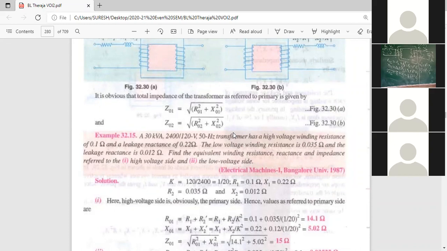Now take down the problem. Example 32.15. Take down the problem.